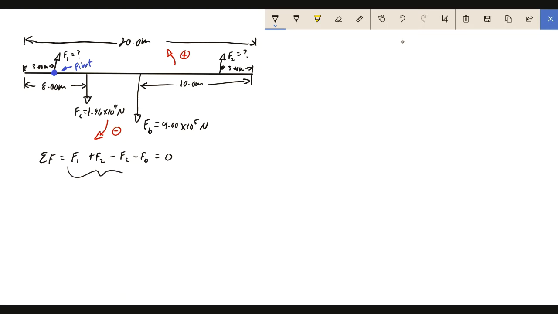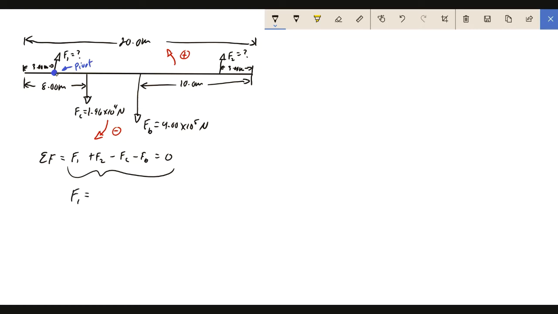And then all we need to do is look at this here. The forces that are summed up, we have all of them except for F1 and F2. But since F1 is where the pivot is and it cannot cause a torque, I'm going to solve this equation for F1.